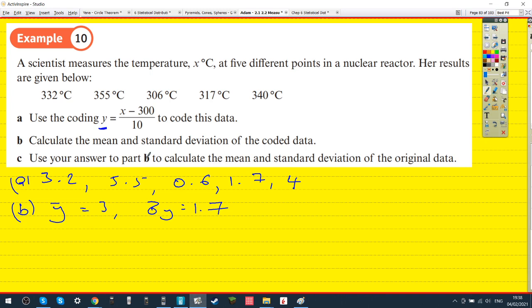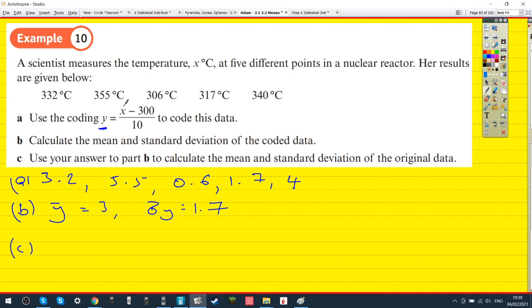And use your answer to part B to calculate the mean. So now that we have the coded data, work in reverse, decode it to get the actual mean for this data up here. So we need to work backwards. But how do you do that with just the mean and the standard deviation?